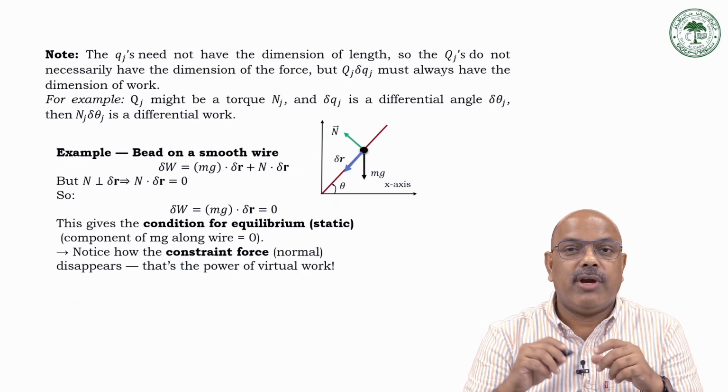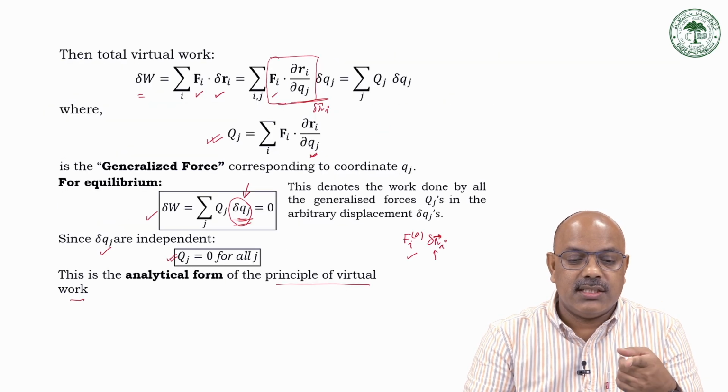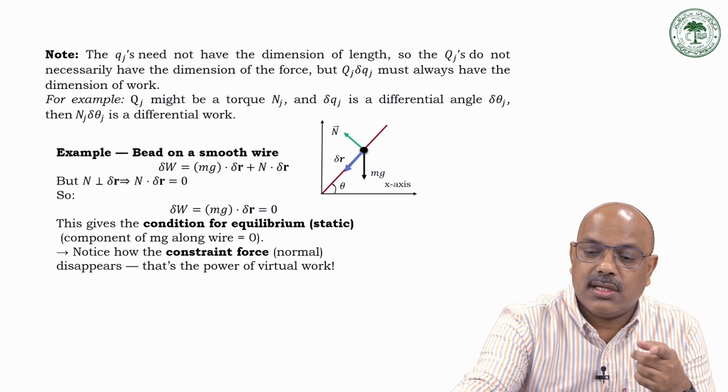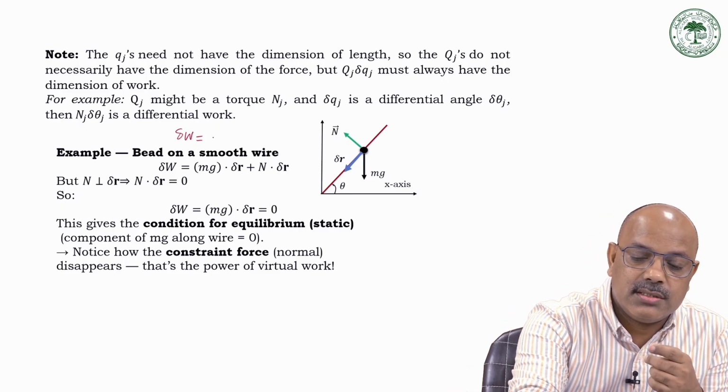One point you can note is that delta W here is my Qj times delta Qj.